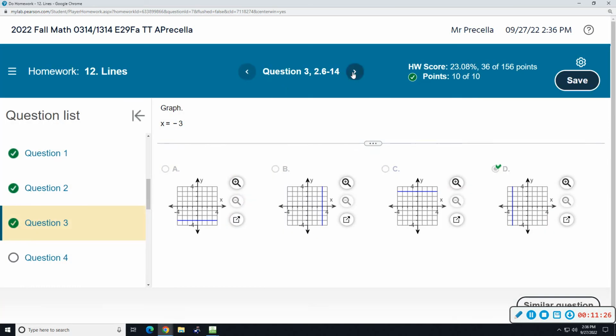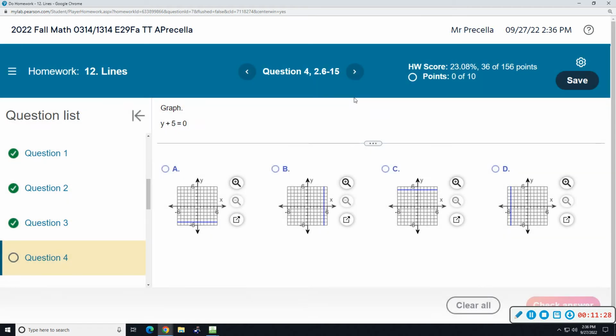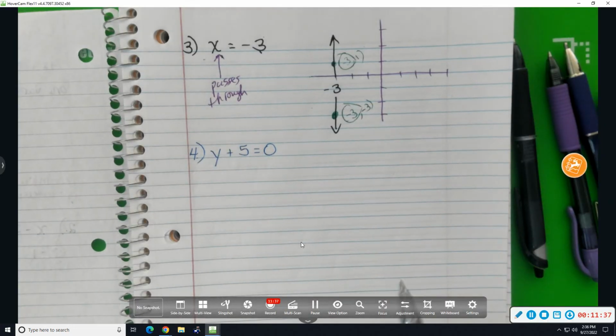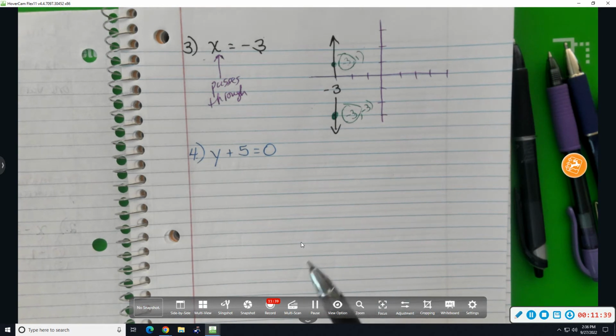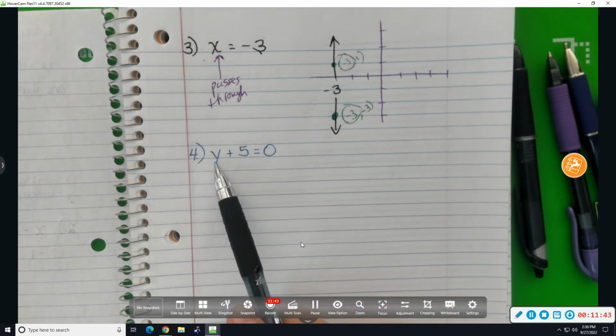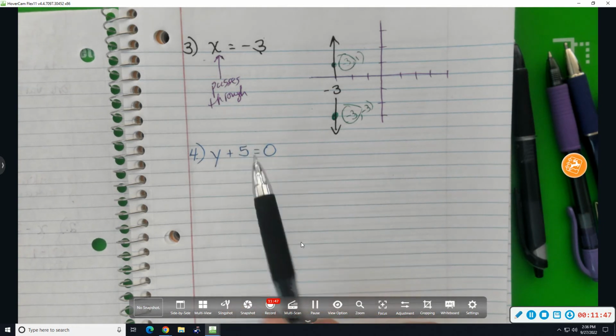Oh, wait. We're on number 4. Y plus 5 equals 0. This has to do with those types of equations that we did before. Since y plus 5 equals 0, we could just subtract 5 from both sides to have the y by itself. Yes.